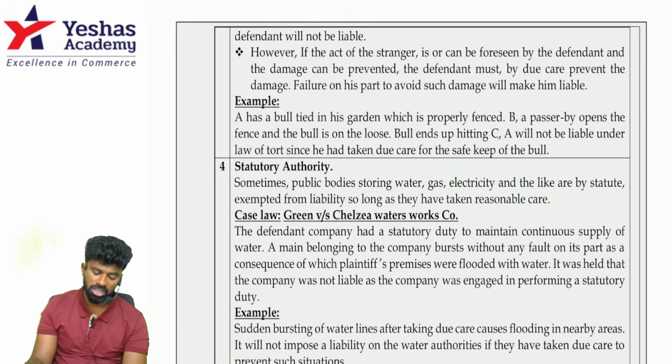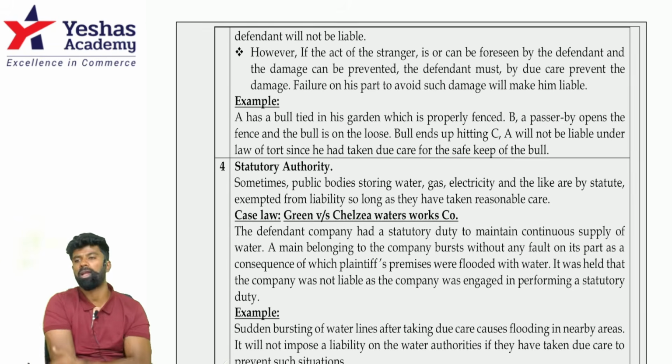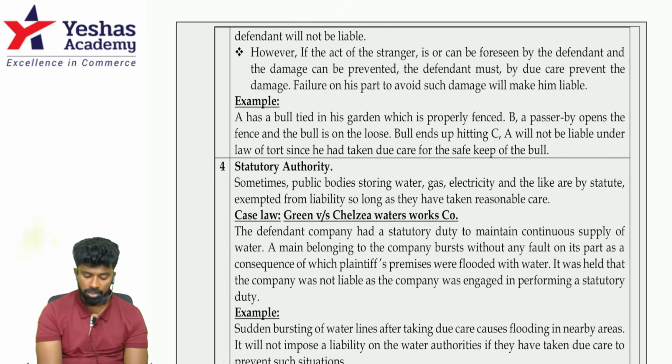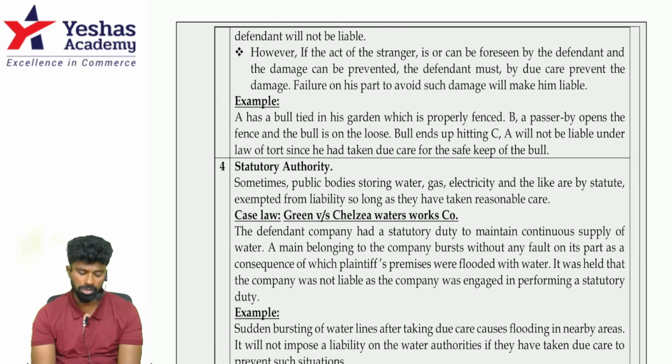Can you guys read this case study, please? Read myself. Green Water Works Company. हाँ, संग में पढ़ाई करेंगे. Let's start. A defendant company had a statutory duty to maintain continuous supply of water. A main belonging to the company burst without any fault on its part.